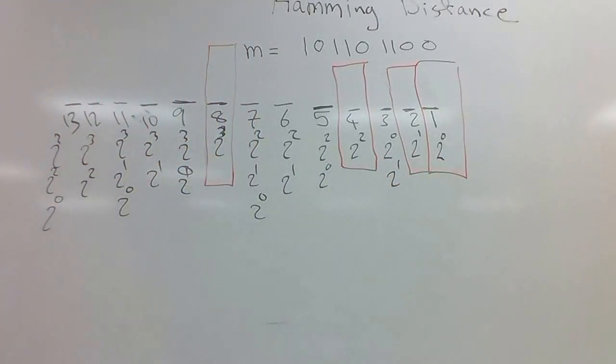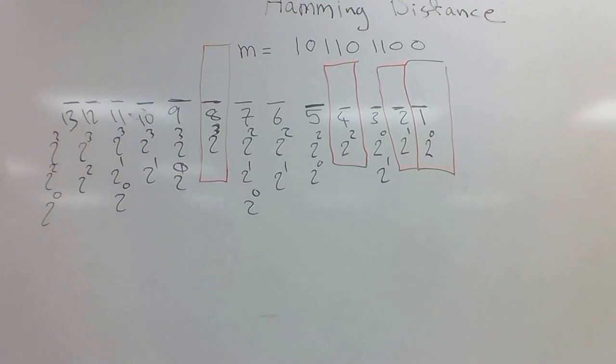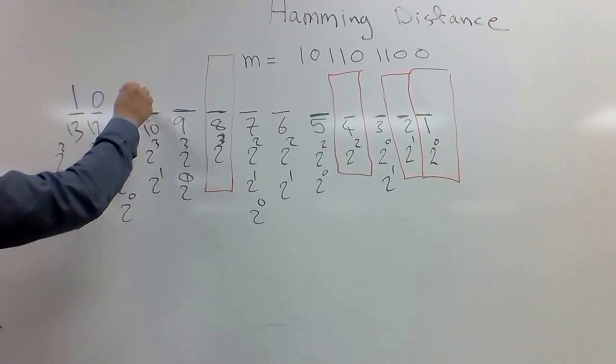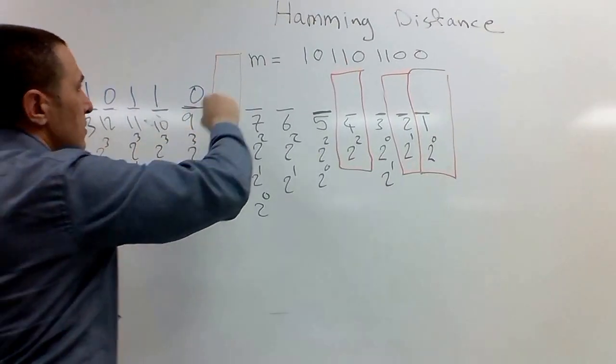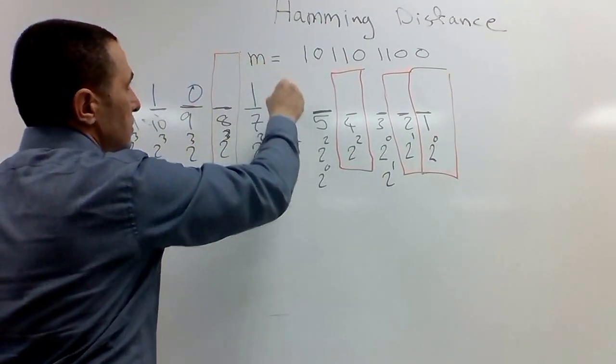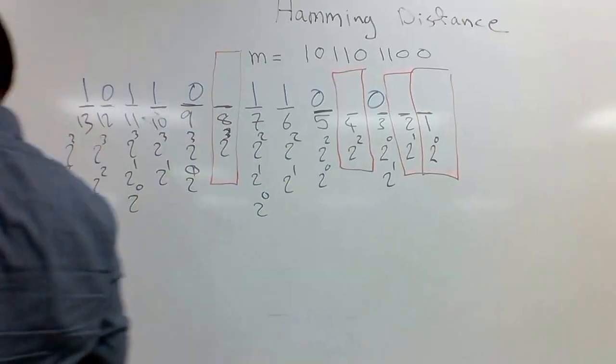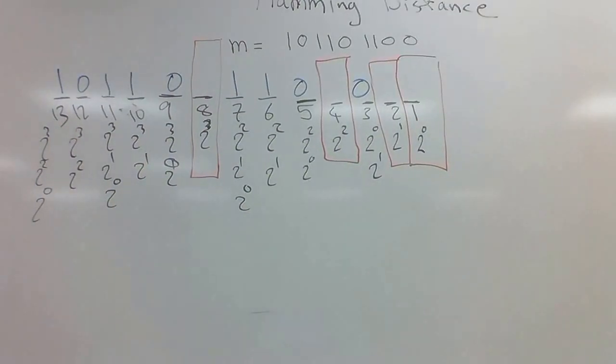So let's put the message now, and then we can calculate. How do I calculate the redundant bit?